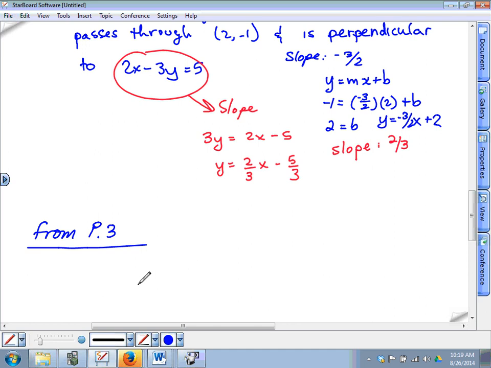There's two things from P3 I wanted to quickly cover. Domain. And the second thing was, well, there's actually three things, sorry. Composing functions.